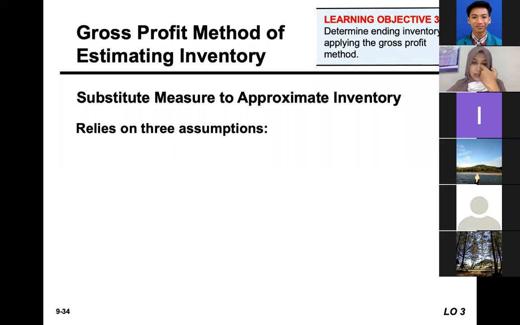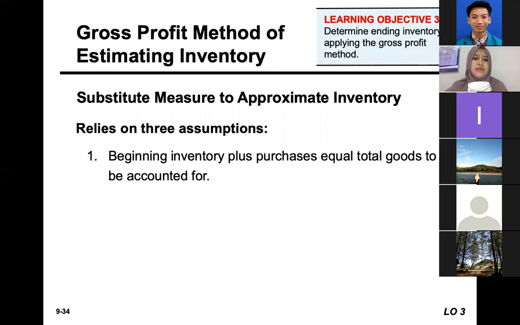Let's say for auditors, to identify what the ending inventory is that the company has. So they would use the gross profit method to estimate the inventory. It's basically a substitute measurement to approximate inventory. It's not the real amount of inventory, but it gives an approximate, or estimated, inventory amount.